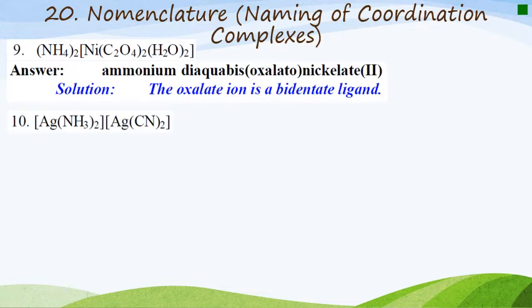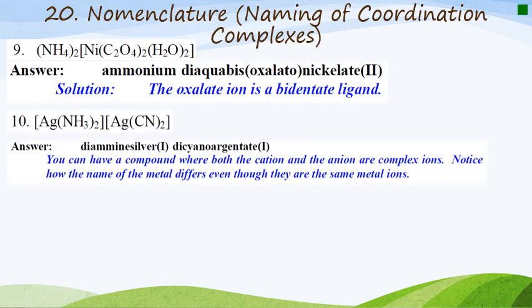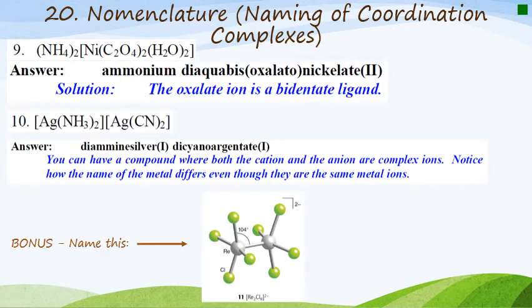And then the last one, where we have 2 complexes, one is a cation, one is an anion, and it tells you how to name those complexes accordingly. And then there's a bonus one, which I'll leave you to practice on your own. It's quite a tricky one, and good luck with that one.